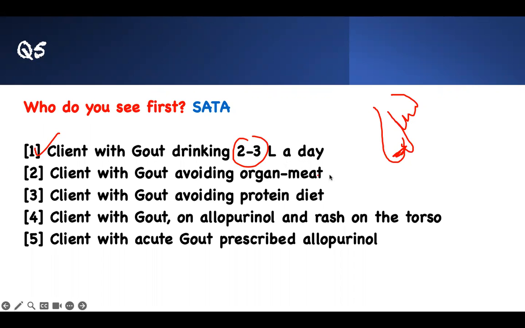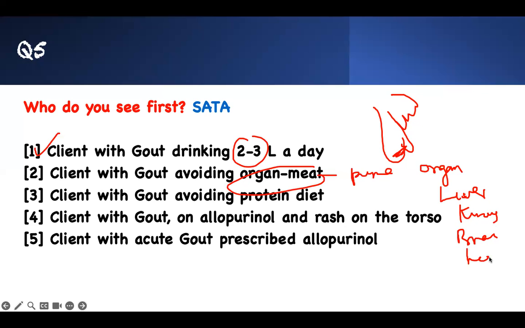Organ meat has a lot of purine in it. When they give you a word, as I've said before, scientists don't know how to describe things. They use the word organ meat. What in your body is an organ, right? Look at it. Liver is an organ, kidney is an organ, brain, okay?